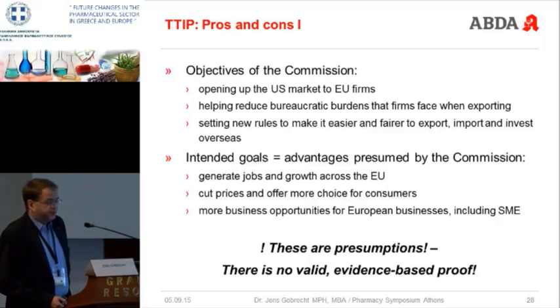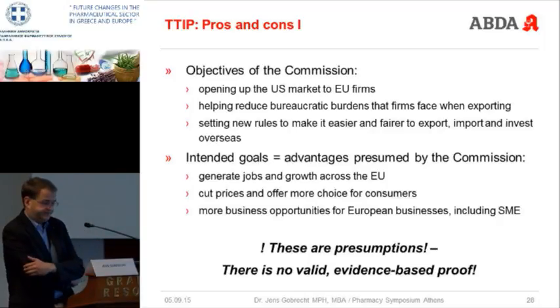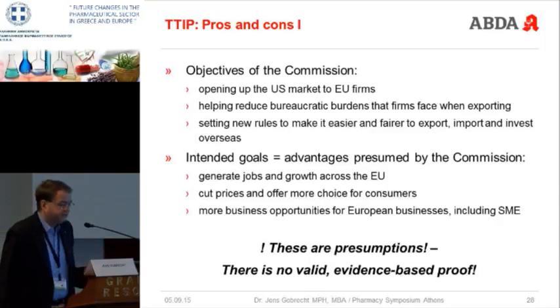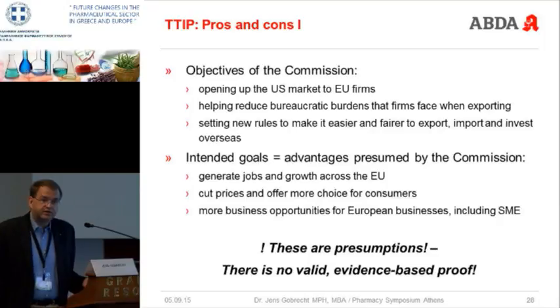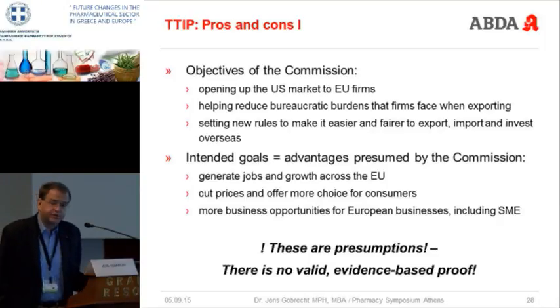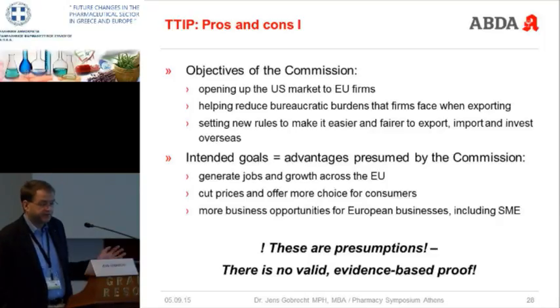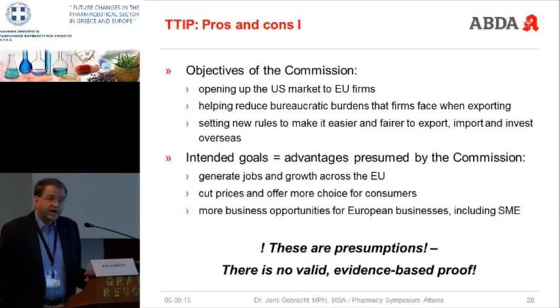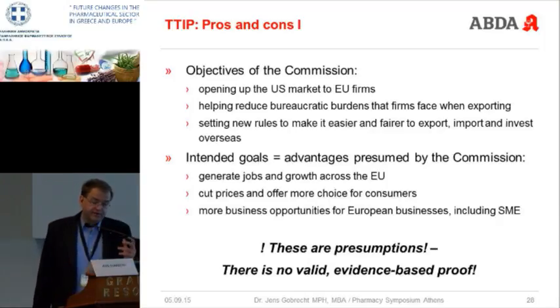What are the pros and cons of TTIP? The objectives of the Commission are opening the US market to EU firms, helping reduce bureaucratic burdens that firms can face when exporting, and setting new rules to make it easier and fairer to export, import and invest overseas.